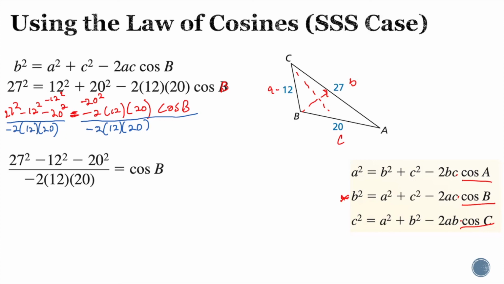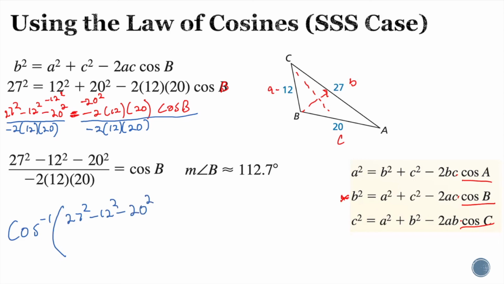Again, I'm trying to find the measure, so I need to use inverse cosine. Using inverse cosine, I get approximately 112.7. If you'd like to see how that looks in a calculator, you want to type in cosine inverse of 27 squared minus 12 squared minus 20 squared divided by negative 2 times 12 times 20. That will get you your answer for the measure of angle B.